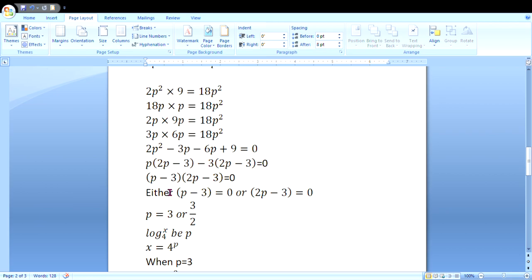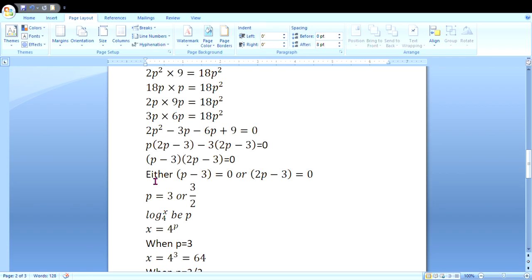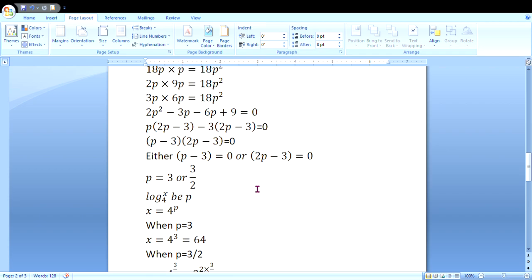Then if you pick p and minus 3 into this bracket, you see the common factor 2p minus 3, you factor it out, and the expression becomes p minus 3 into 2p minus 3 equals 0. So from the quadratic equation, either p minus 3 equals 0 or 2p minus 3 equals 0. Okay, therefore p is equal to 3 or 3 over 2.